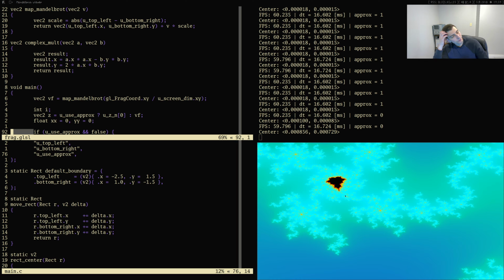Still a little stumped about how to improve the accuracy for those we're approximating. I don't fully understand how this works.